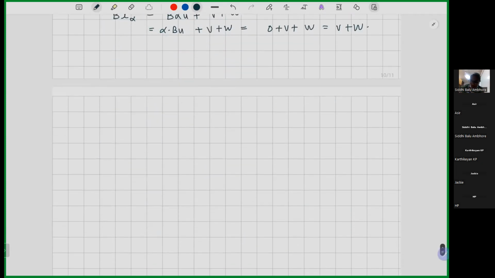So I'm going to the next one, four. Let me check that. There exists x in R3 such that bx is equal to u.